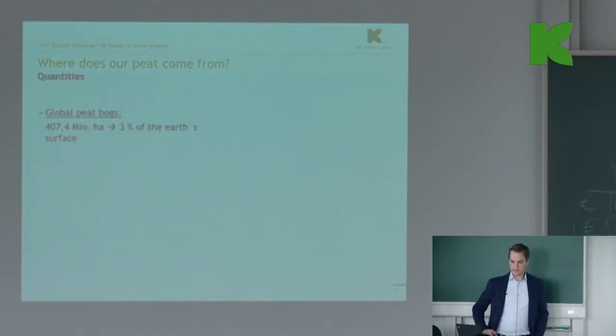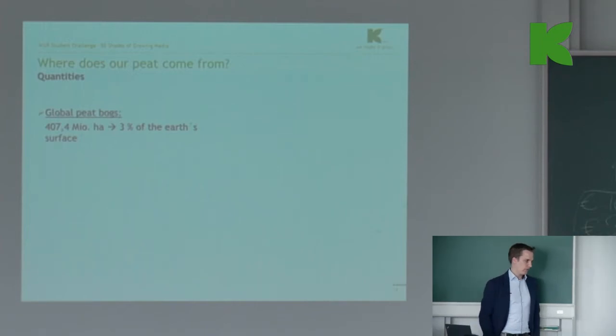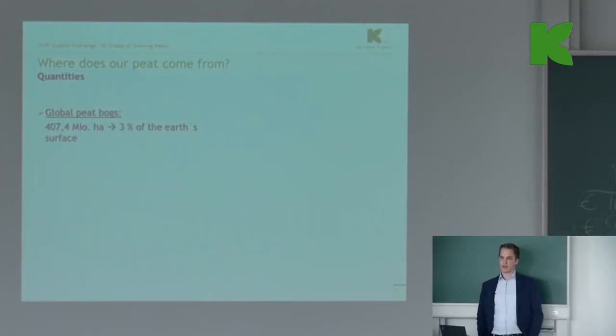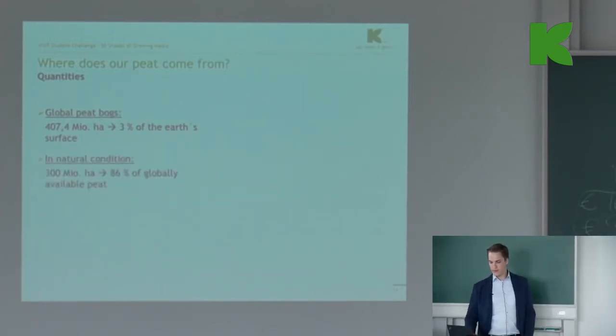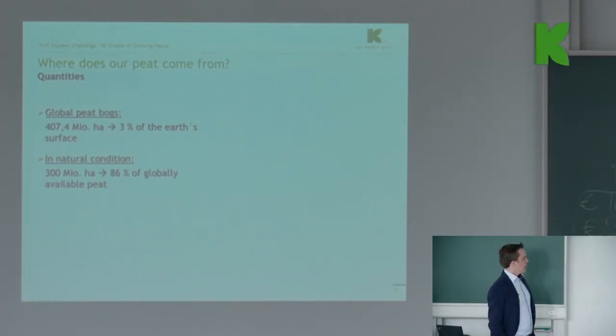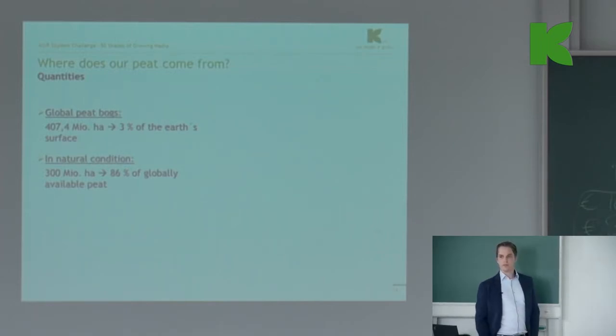Some numbers. Well, 3% of the Earth's surface is covered with peat bogs. That's quite a lot. But of course, not all of that is used for excavating peat. Still, 86% of that surface is in a natural condition. And this doesn't mean that the remaining 14% is used for peat excavation.